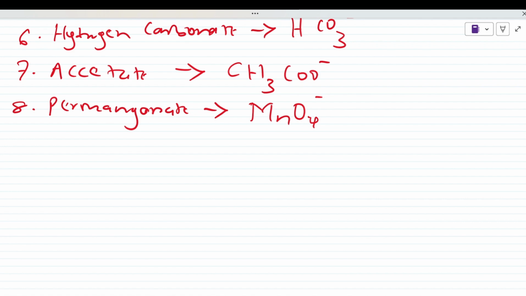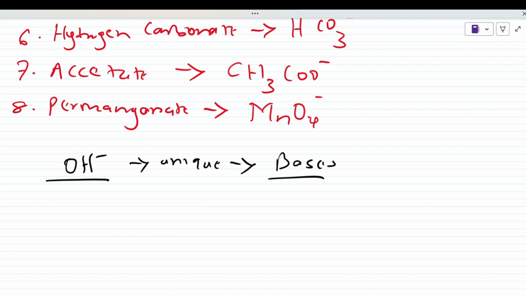Now, hydroxide, the OH minus, is a very unique type of radical because it is something that constitutes the bases. So I can have an element reacting with a base to give me another compound.